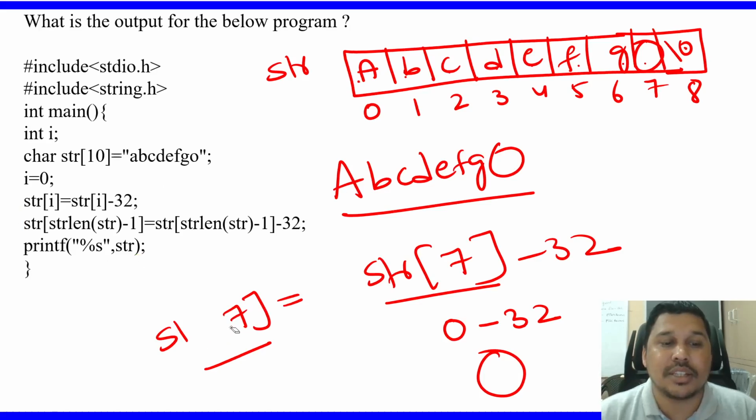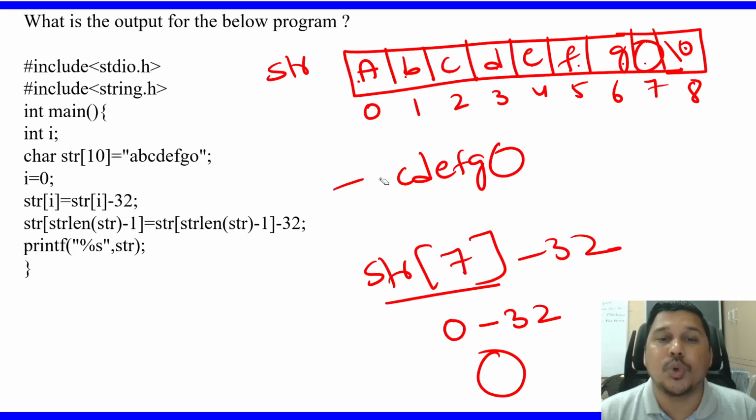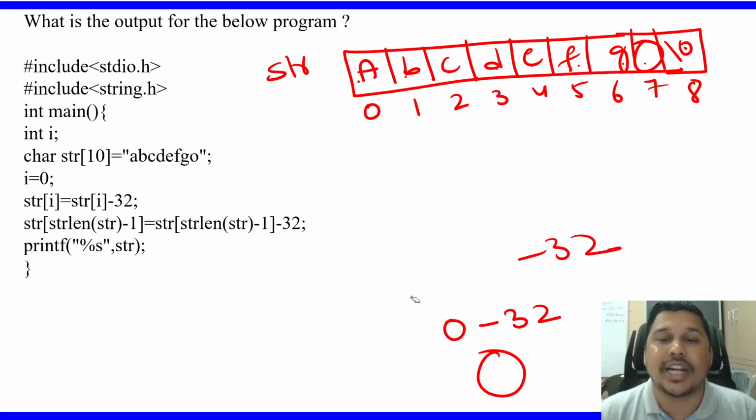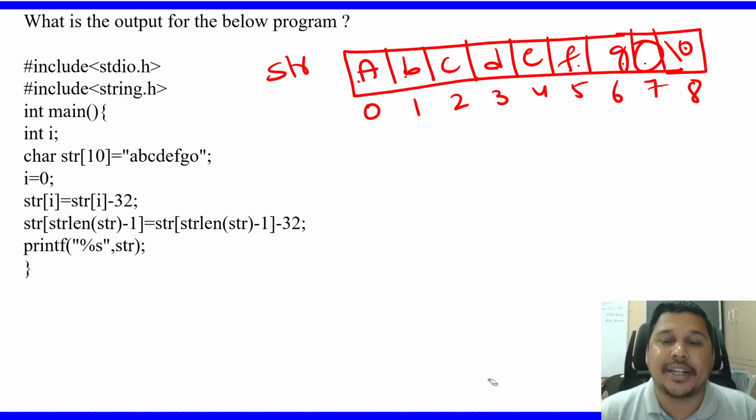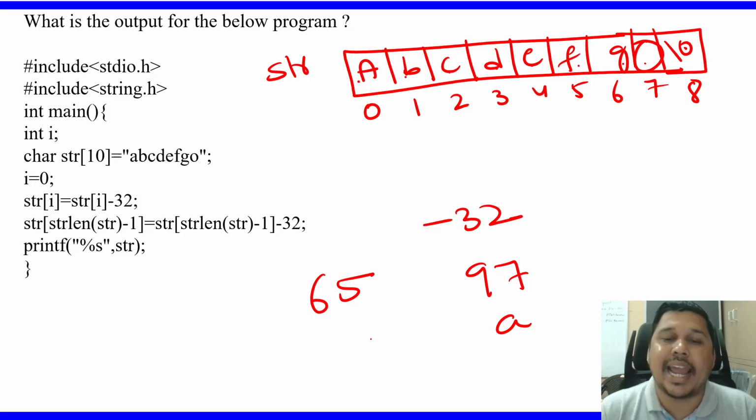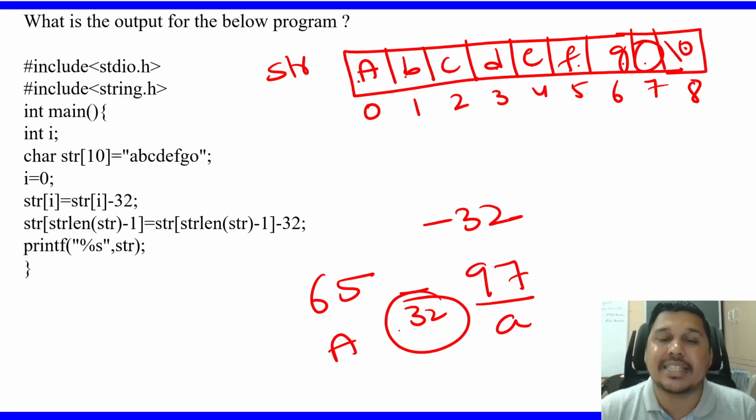This is an important point here. If you want to convert a lowercase character or a string to uppercase, just subtract 32 from each character. Why? The difference between the ASCII value of small a and capital A is 32. That's why when you have a small letter and want to convert it to a capital letter, subtract 32.